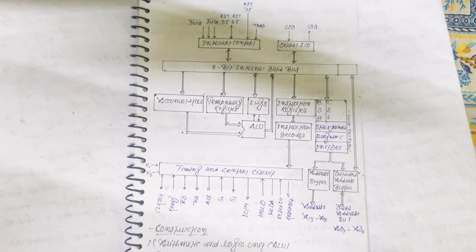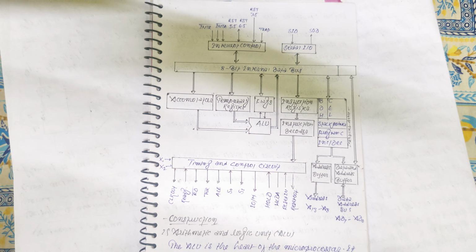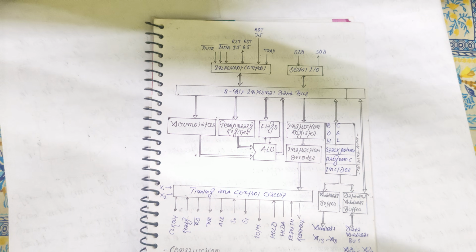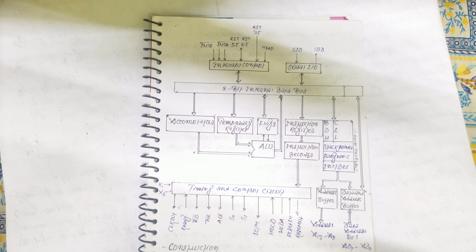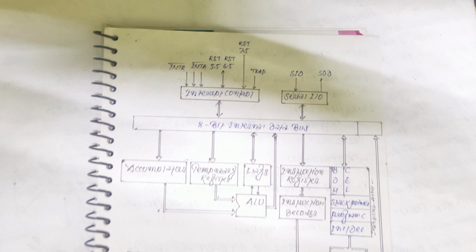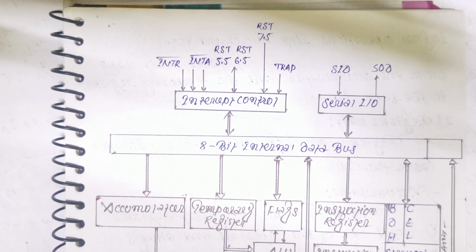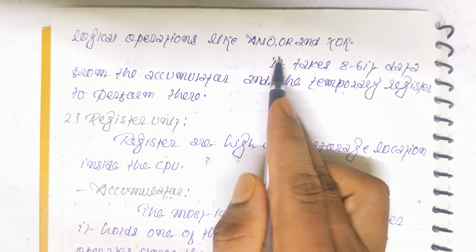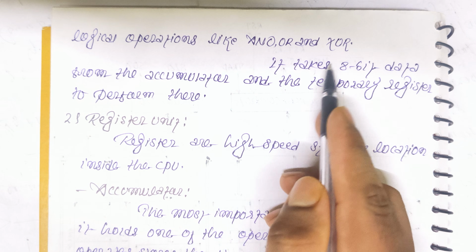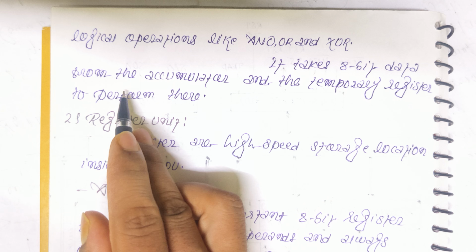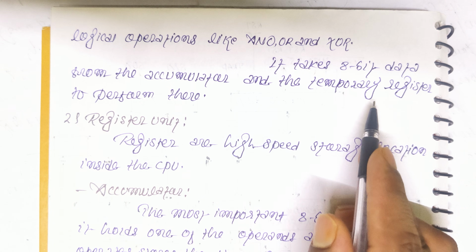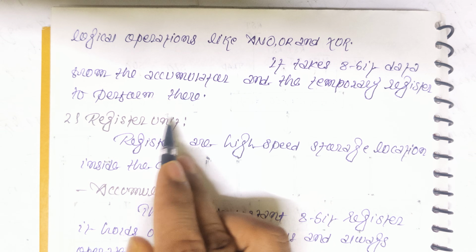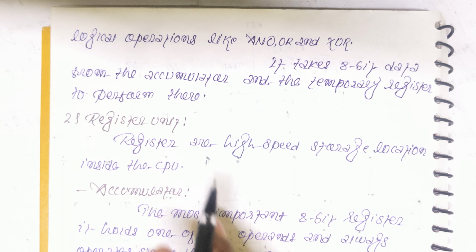You can see properly, this is the total figure of the 8085 microprocessor. And logical operations like AND, OR, and XOR. It takes 8-bit data from the accumulator and the temporary register to perform the operation.